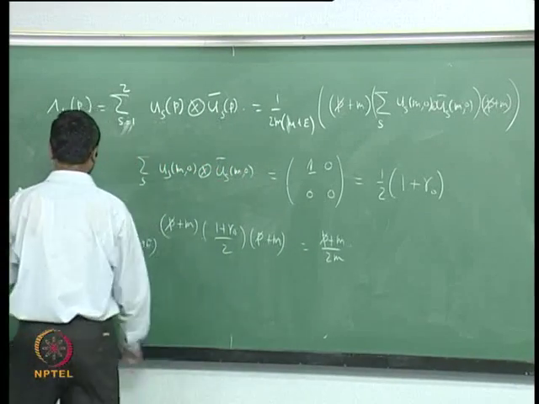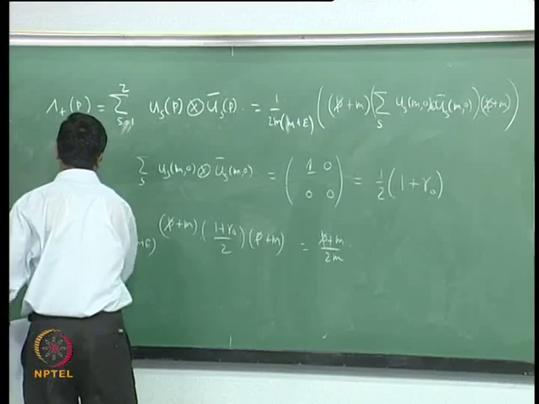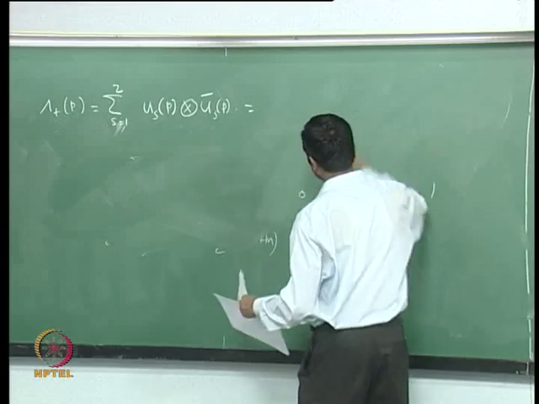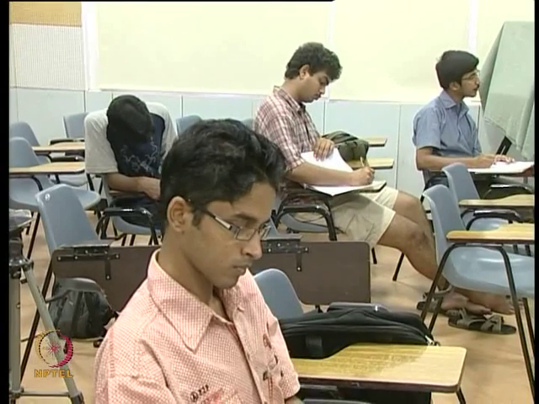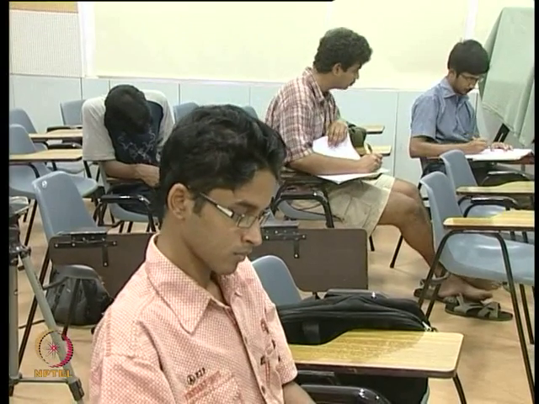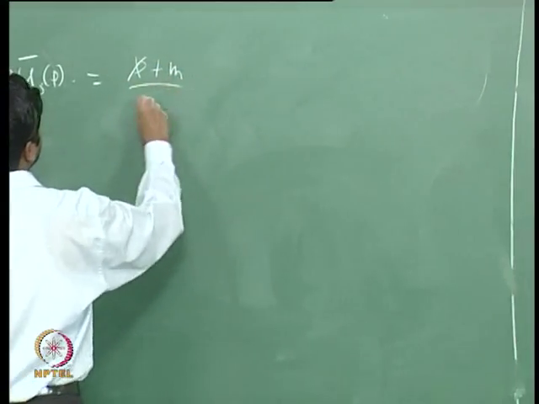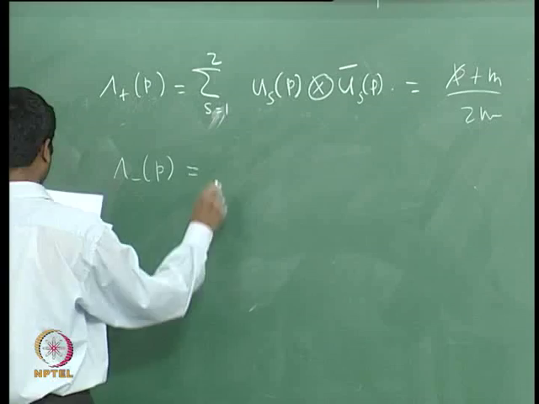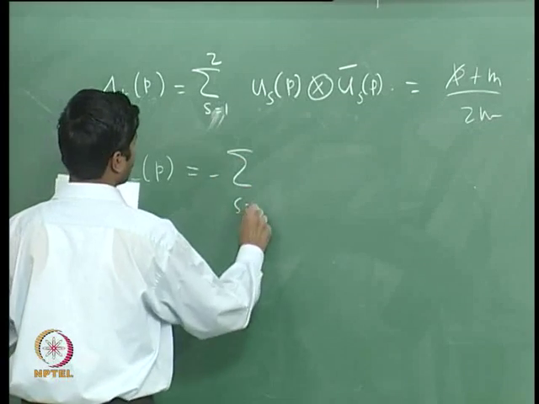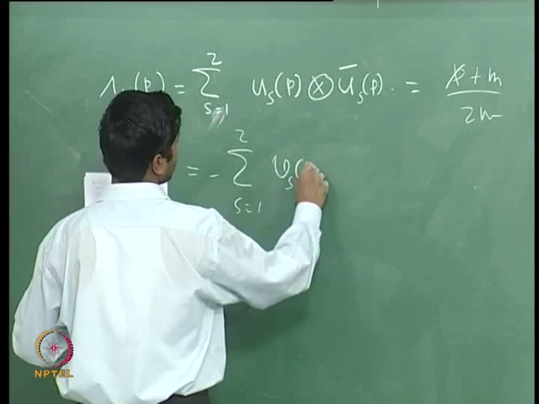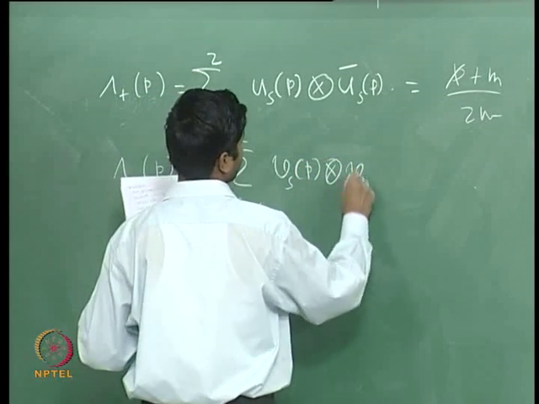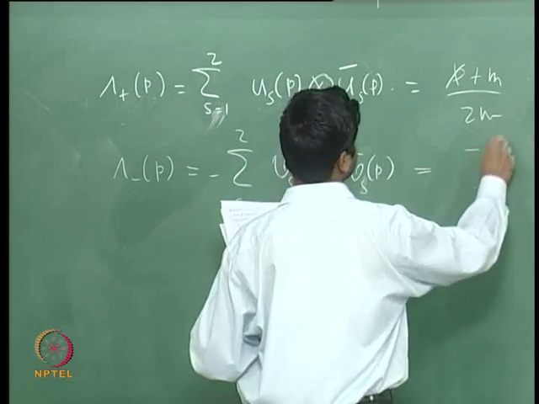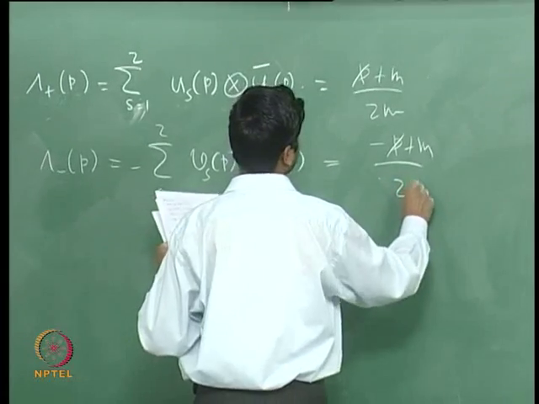Similarly, I can introduce lambda minus, so I leave it as an exercise for you to show that this is just (p-slash plus m) over twice m. If I define lambda minus of p equal to minus the sum over s equal to 1 to 2 of v_s(p) tensor v-bar_s(p), then this quantity will be equal to (minus p-slash plus m) divided by twice m.